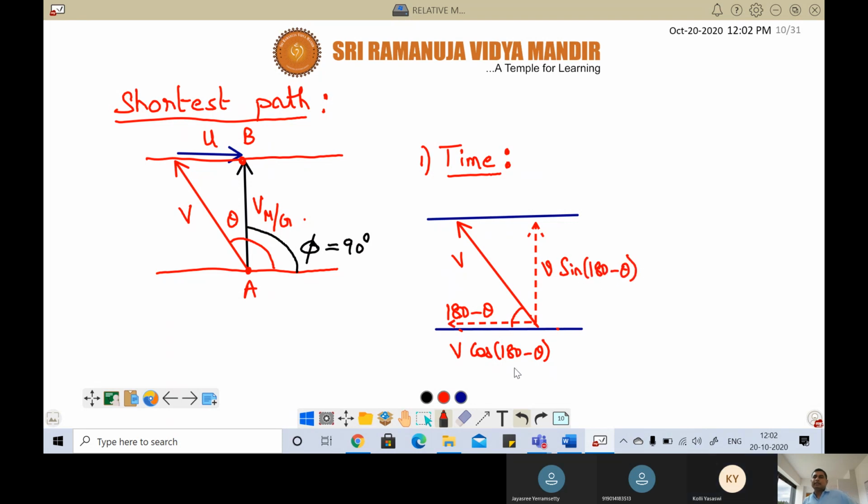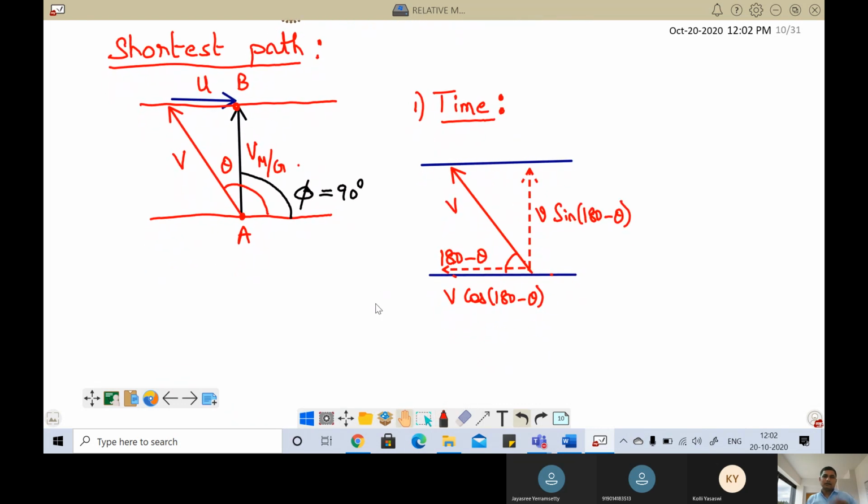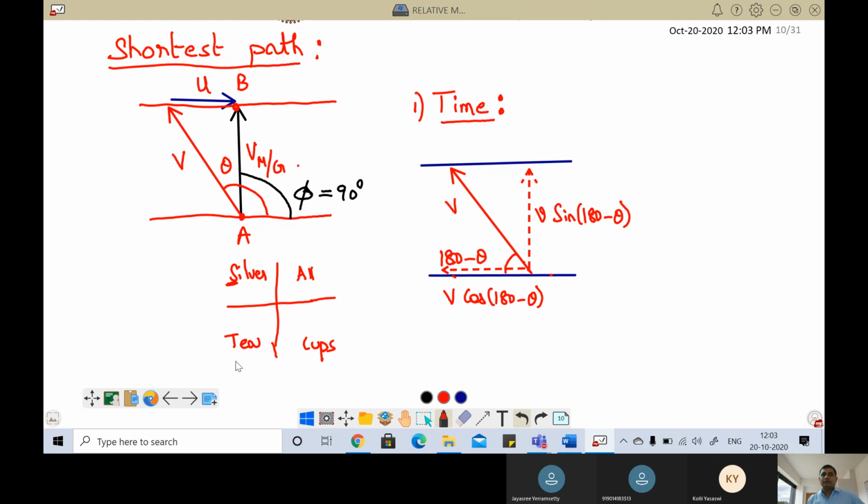Now what is cos of 180 minus theta? You know this rule: all silver tea cups. Here all are positive, here sine and cosecant are positive, here tan and cot are positive, here cos and secant are positive.